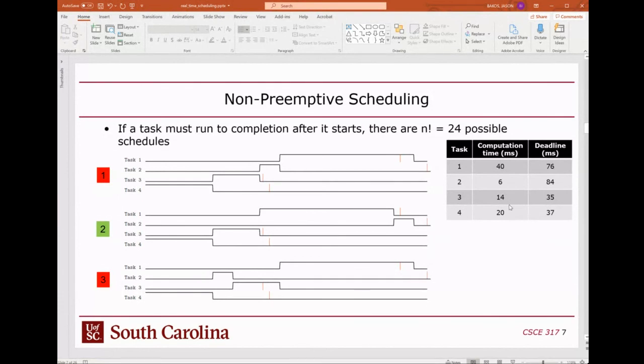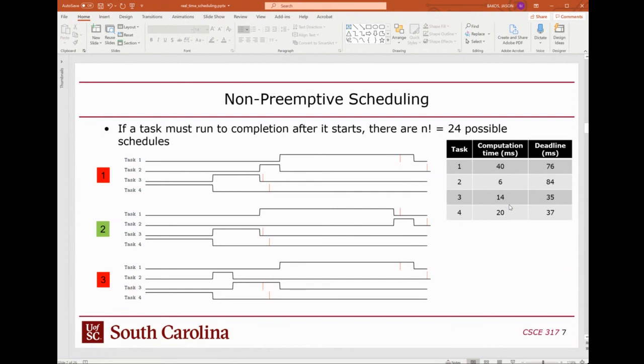And under that approach, basically we just need to figure out an order to run the tasks in. We just have to choose which order we're going to run them in, and then every time we run one, we run it to completion. So with 4 tasks, there are 24 possible schedules.